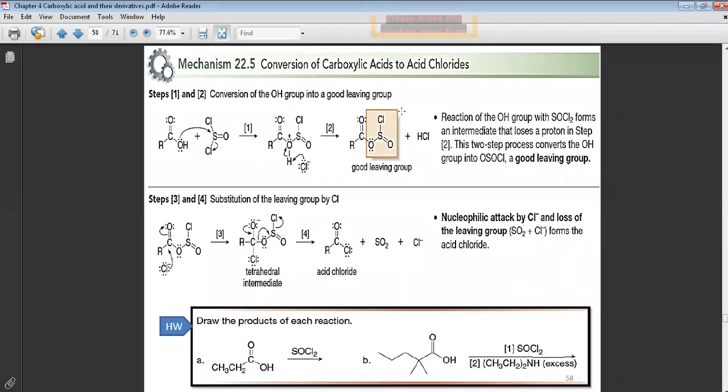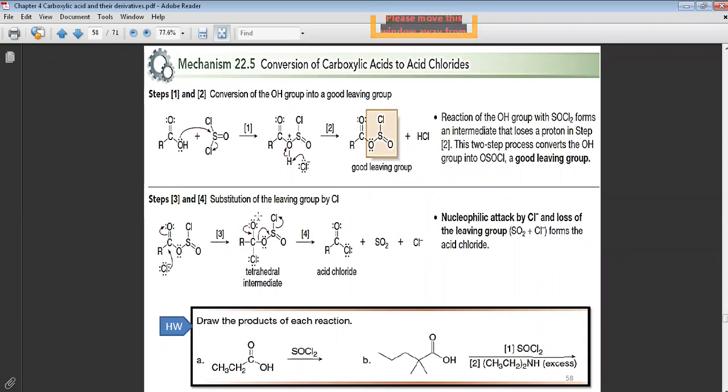Now look what will happen in the next step. We have Cl minus from the HCl. The Cl minus will attack this carbonyl again as a nucleophile, and the pi bond opens to make the negative charge.